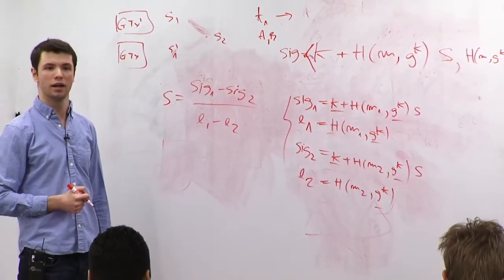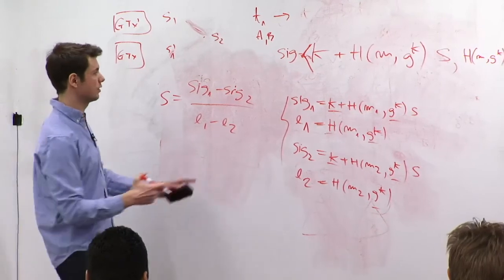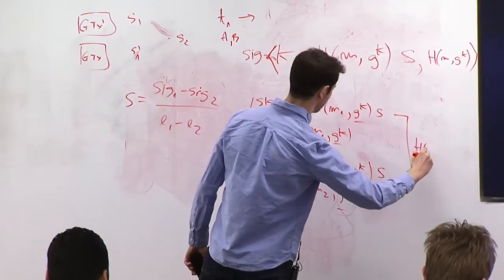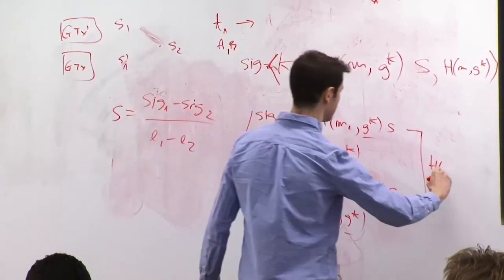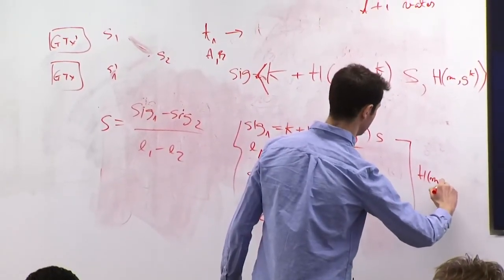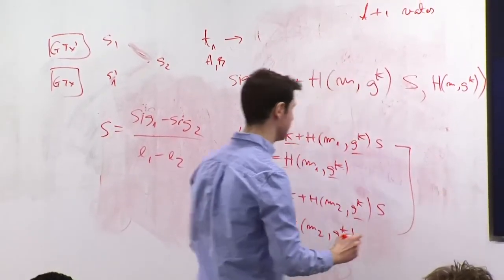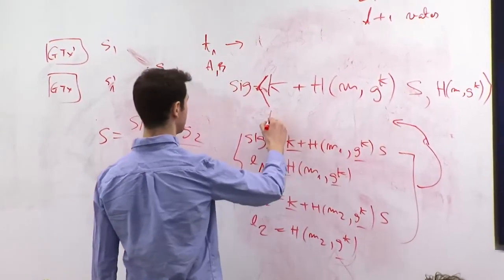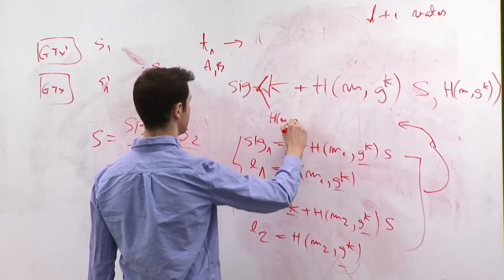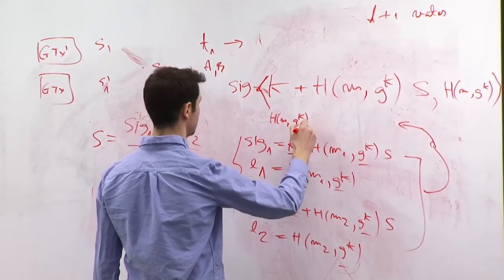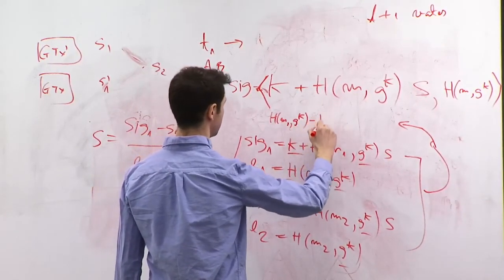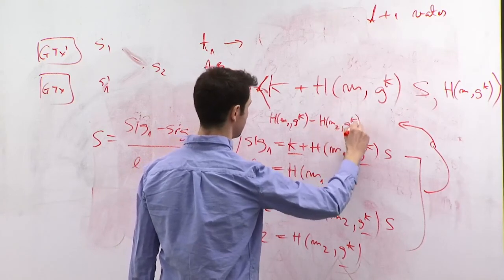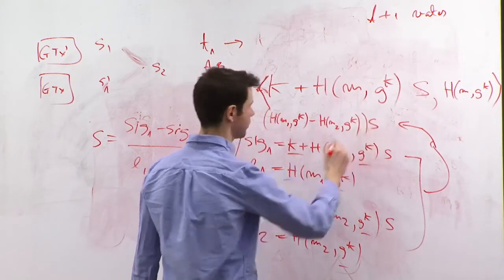See this? Because if I subtract this from this, I just get H of M1, G to the K, minus H of M2, G to the K, times S, right?